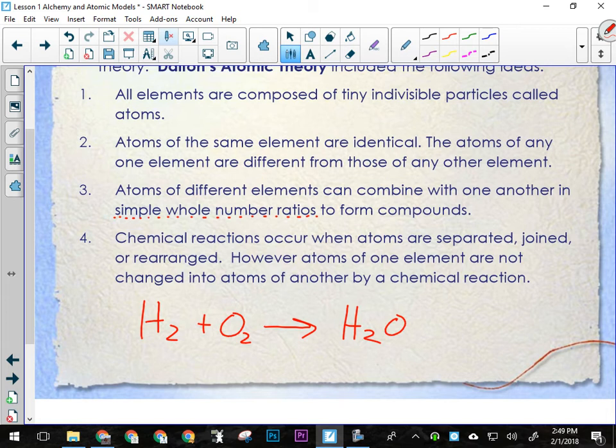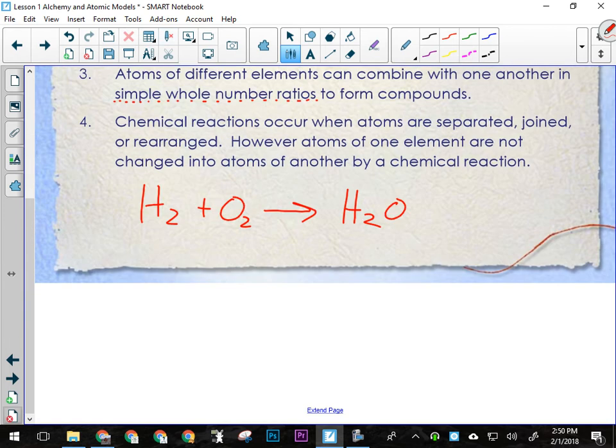All the numbers there are whole numbers. There's two H's and one O in water. It's 2 to 1. That's whole number ratios. I would never write water like H1 O0.5, because what's that saying I have?